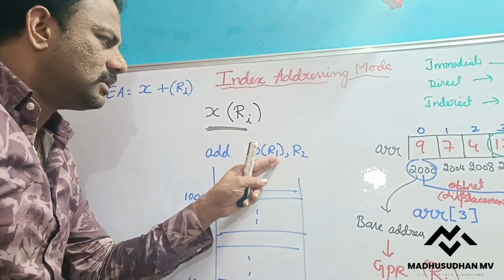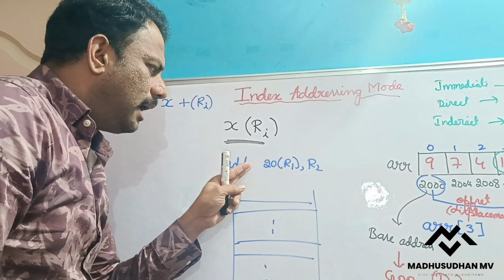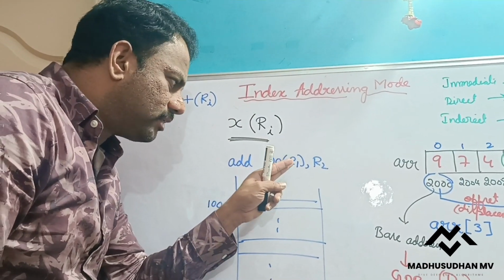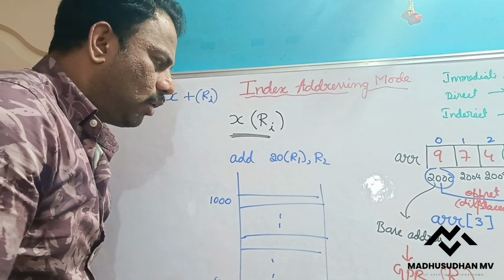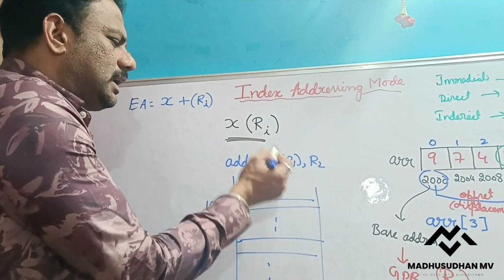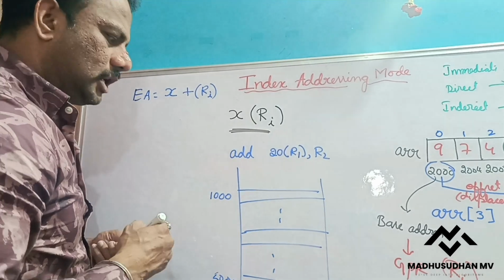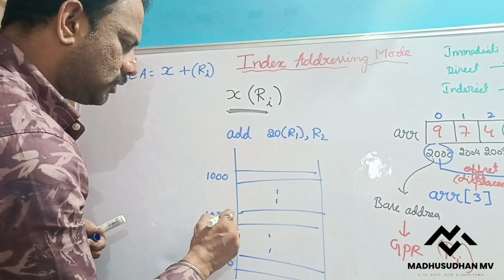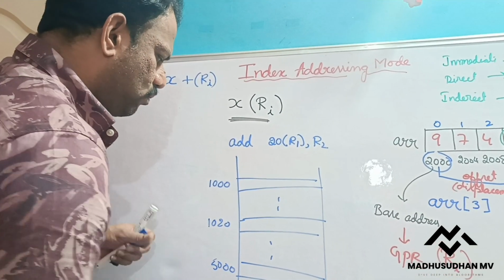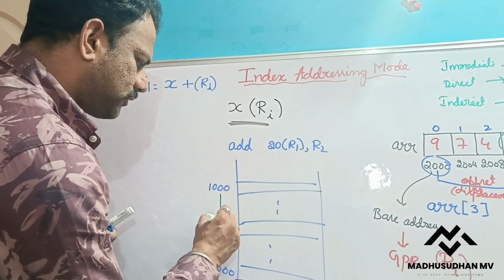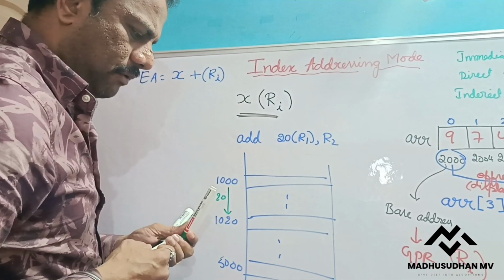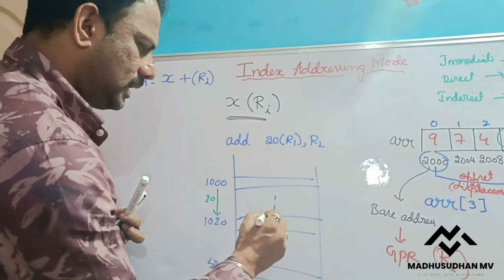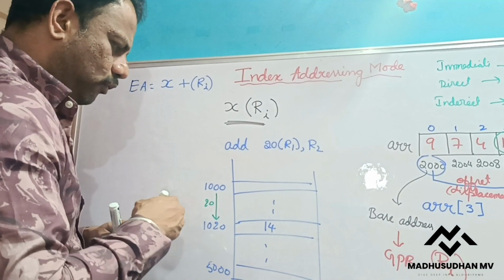So what does it mean? Now add 20 with the address stored in R1. What is stored in R1? 1000. So 20 plus 1000 is 1020. That means you have to move 20 bytes from this address. My other operand, let us say, is 14.